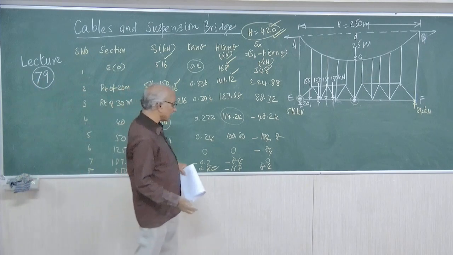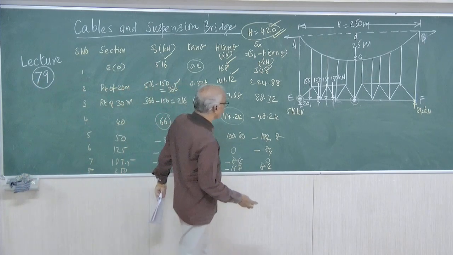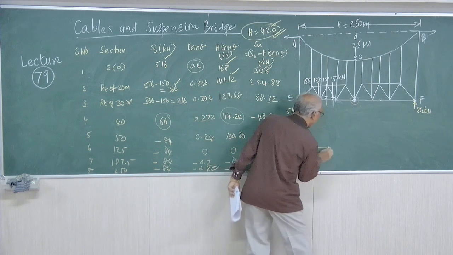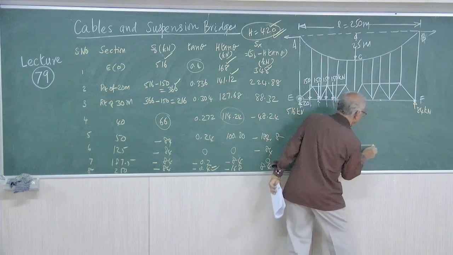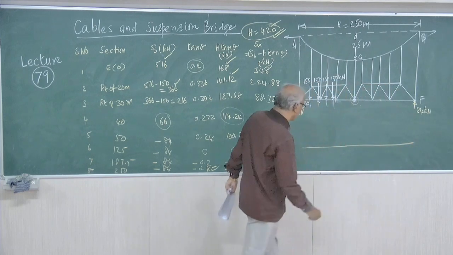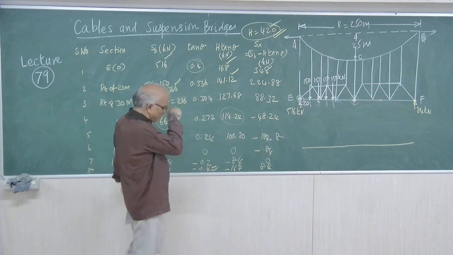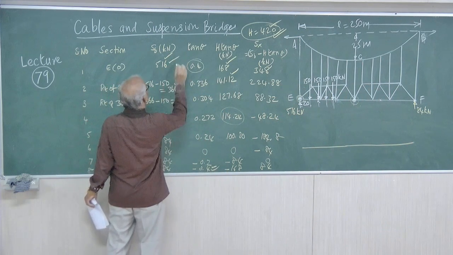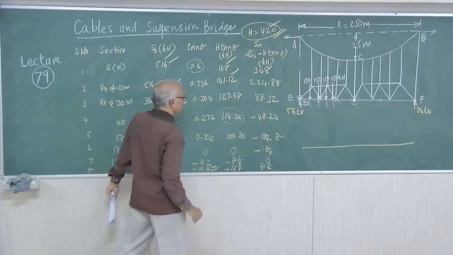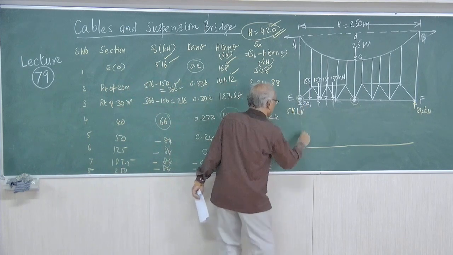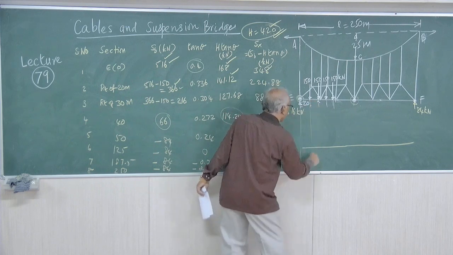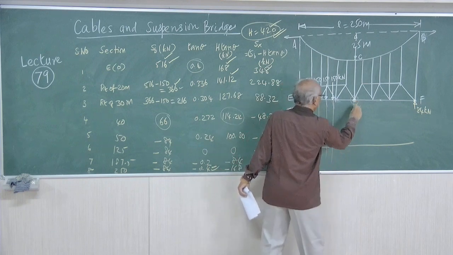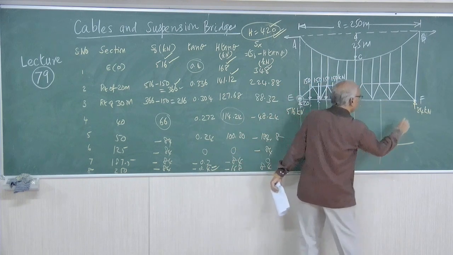So what you do here is, let us first complete SB. Here it is 516. We will just project all these points: 20, 30, 40, 50, 125, 187.5.